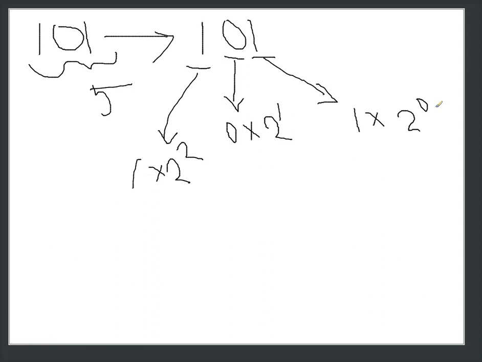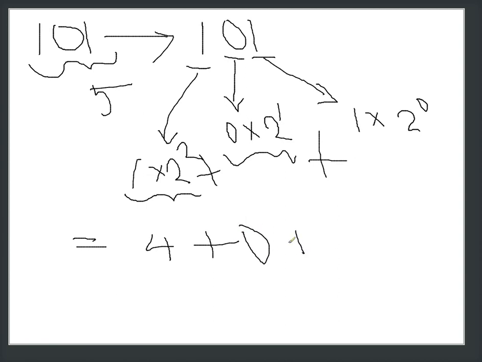So in order to get the corresponding decimal value, we just do decimal addition. 2 raised to 2 into 1 is 4, and this is 0, and this is 1. So this is actually 5.